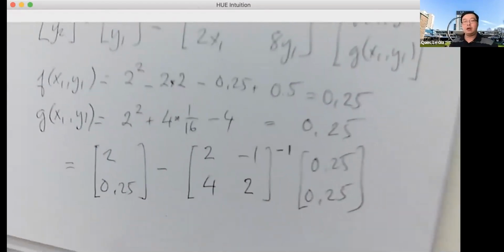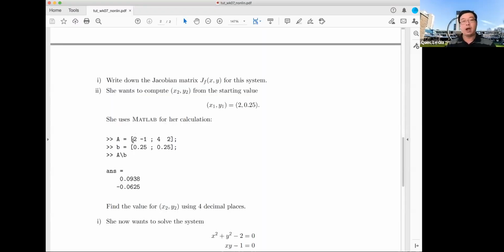So how do you compute the inverse? If you read the question, the inverse has been given. If you go back to the question, you will see that the inverse of this matrix is given already. A is 2, minus 1, 4, 2. So it's the Jacobian matrix. And the vector B is 0.25, 0.25. So A backslash B just means A inverse times B. That gives you this solution already, so you just put it in.